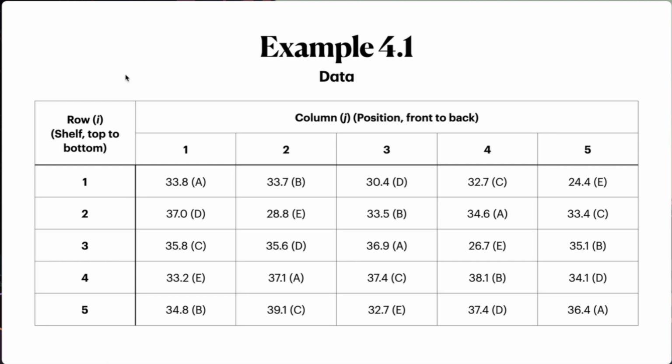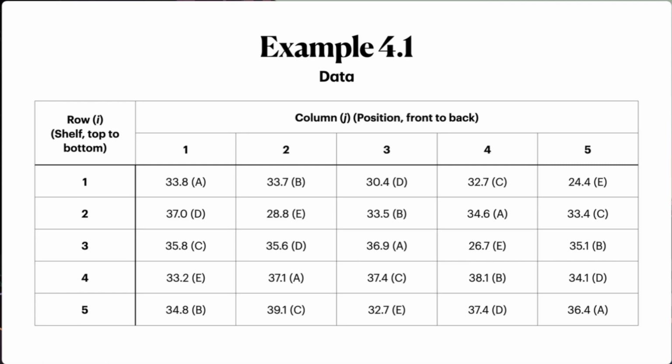All right, and so we see here that we've got the 5 levels for the row blocking factor, the 5 shelves, and then we have 5 positions from front to back on a given shelf. And in the cells, we have the strengths, the tensile strengths of these insulators. And in parentheses, after the response, we have the treatment or the particular type of insulator.